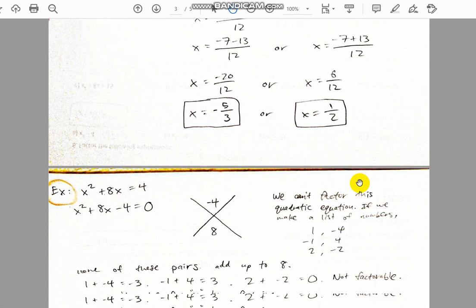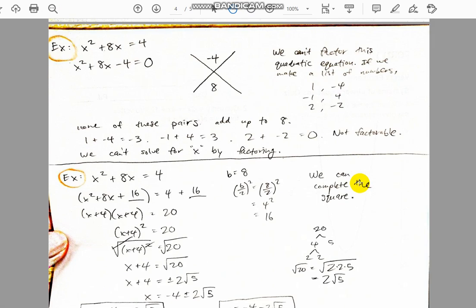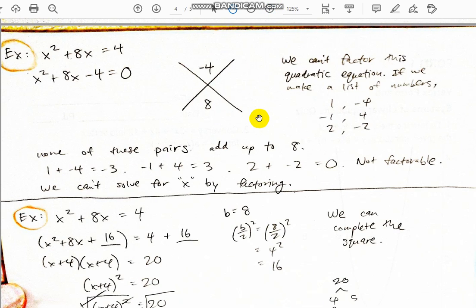Okay, so I'm going to keep going down. So this one is an interesting case. Now, like I showed you in class, especially when I was going over those harder complete the square and quadratic formula examples, we started seeing things that are not factorable.